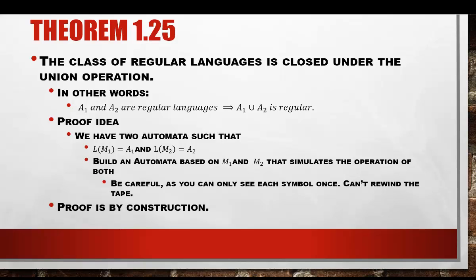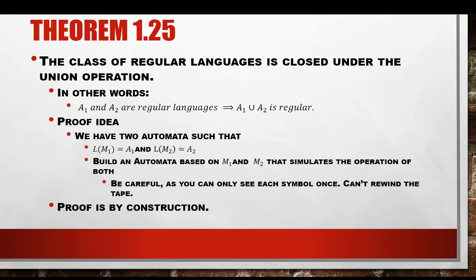It's a very, very important theorem for us, because it would allow us to build complicated languages based on simpler languages that can be thought of as unions of smaller languages. If the simpler languages are regular, then we effectively have created a regular language. So this theorem is very important for us.